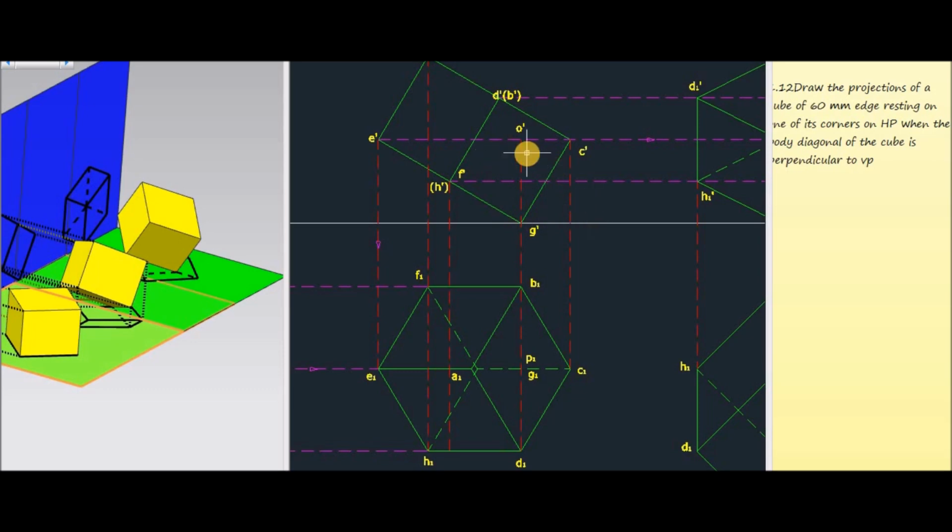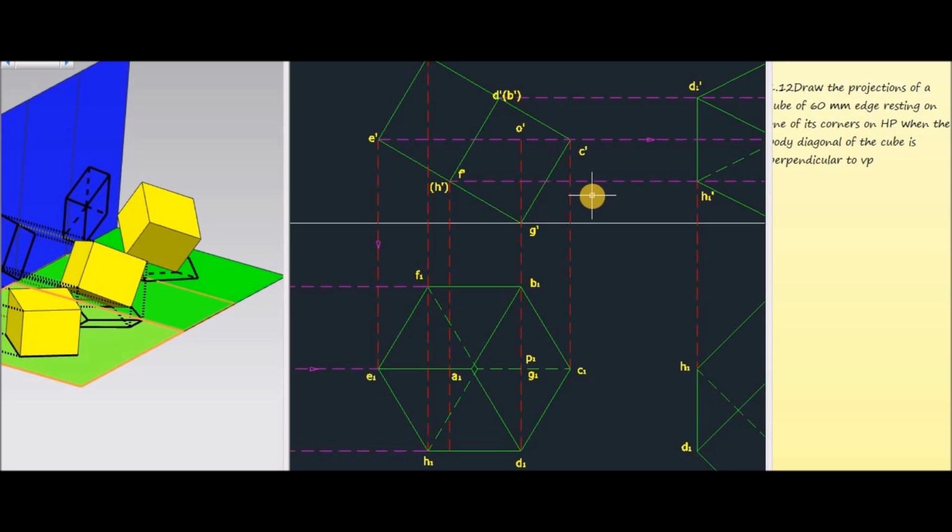From the previous figure you will get all these dimensions F dash, E dash, A dash, C dash, D dash, etc. Measure all dimensions from the first front view, mark all these corners, then join them. So now the cube is inclined in such a way that G dash O dash is perpendicular to E dash C dash, or E dash C dash is parallel to the XY line. This is the second stage.